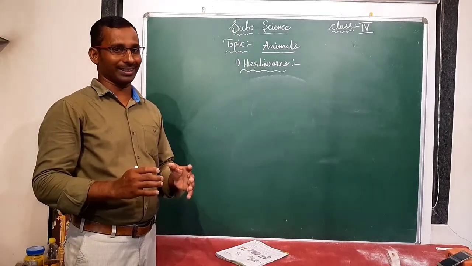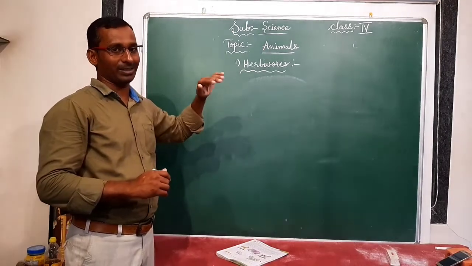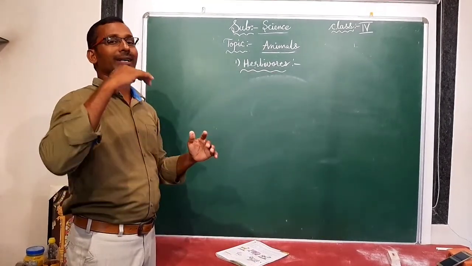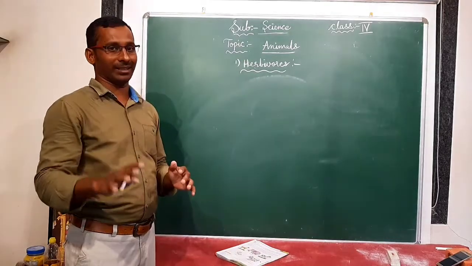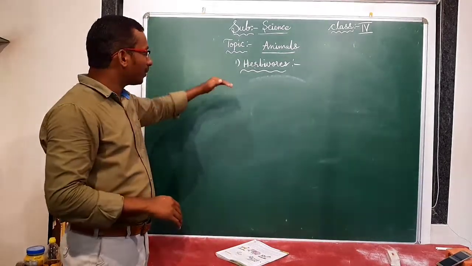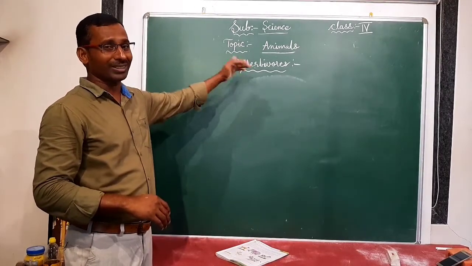Do you know grass? It is green in color. Generally, we see some animals eating only plants or grass. They never eat other things. Such animals are called herbivores or herbivorous animals.